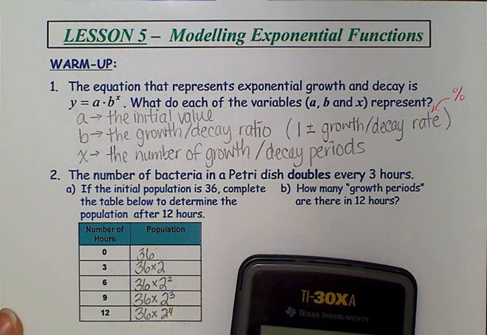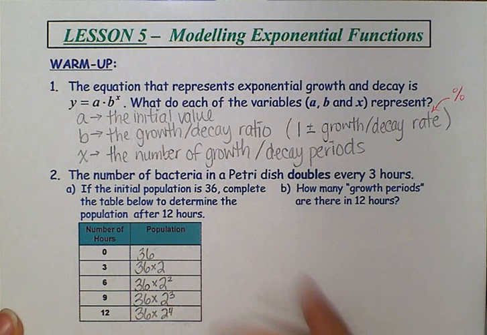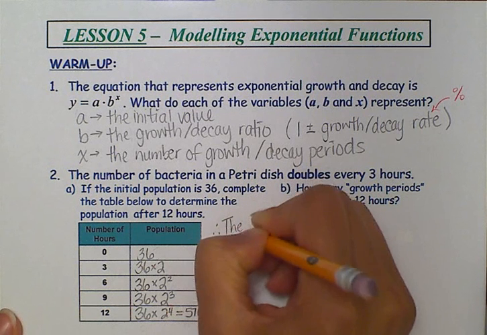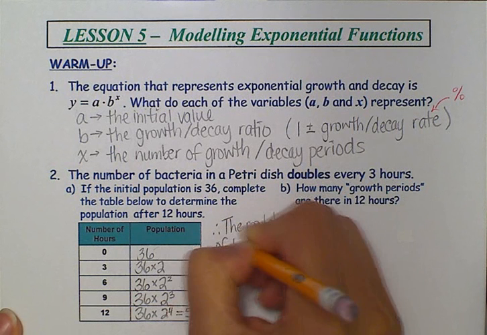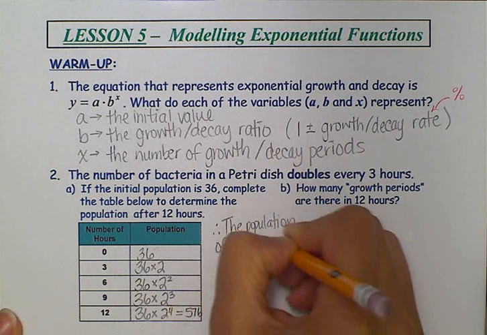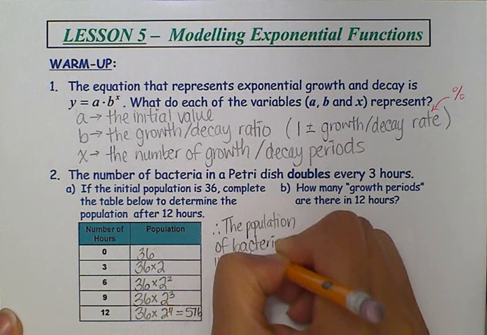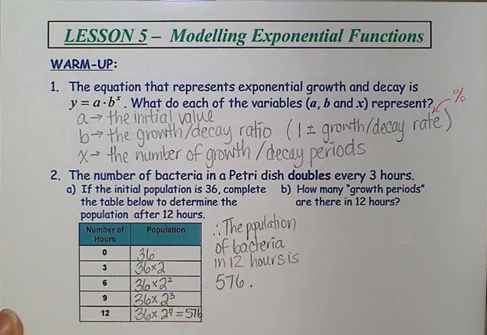If I use my calculator, I get 36 times 2 to the exponent 4 is 576. Perfect. So what that means is, therefore, the population of bacteria in 12 hours is 576.